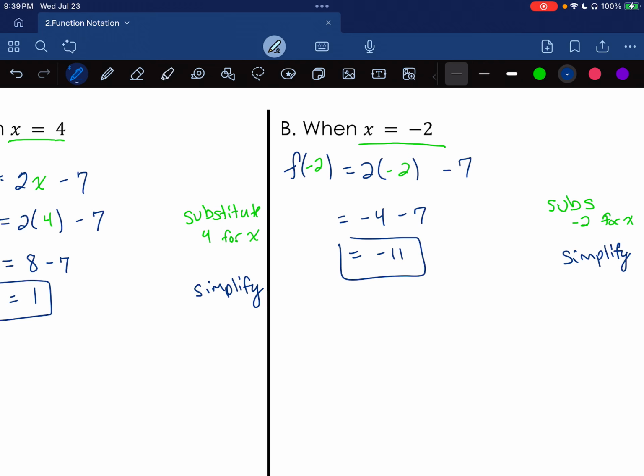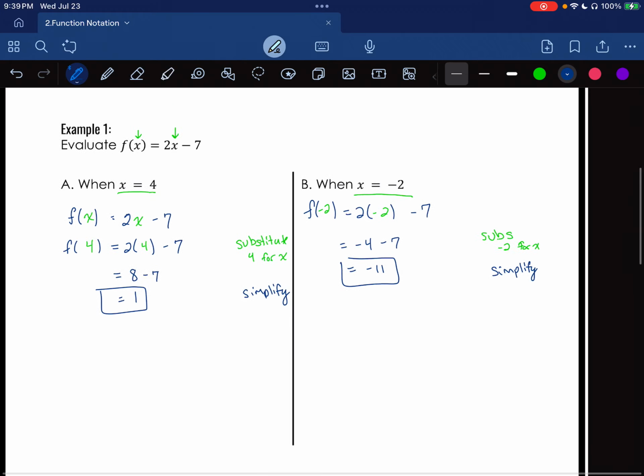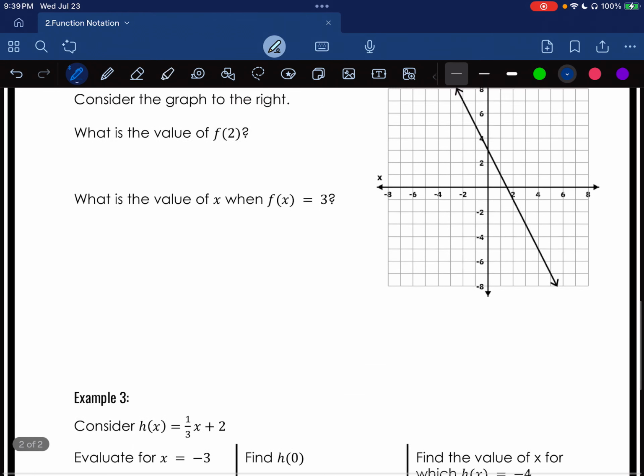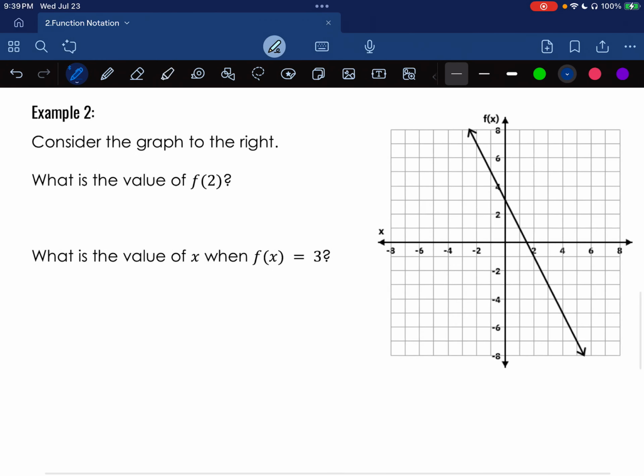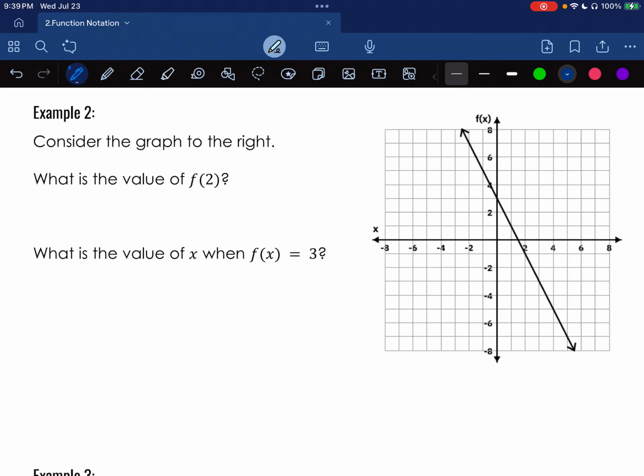All right, next we're going to see what this looks like graphically. So here I've got my function. It's already been graphed here at the right. Remember, f of x is the same as saying y.